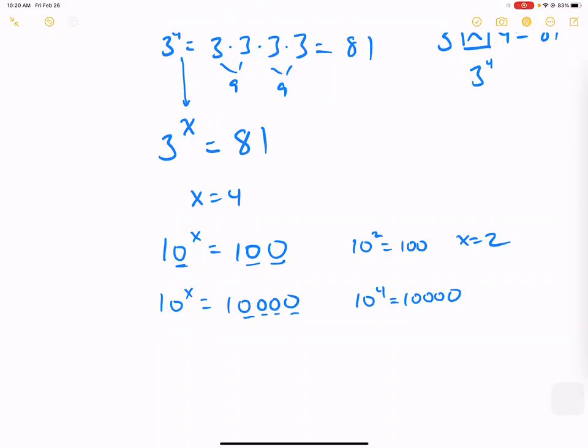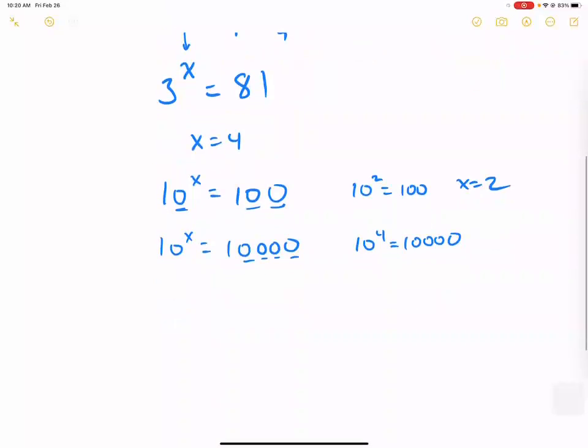Okay, and there's a little hint there. If I have a million, how many tens are in a million? There are 6 zeros. So 10 to the 6th power is 1 million. Okay, so x here would have been 4, and x here would have been 6.